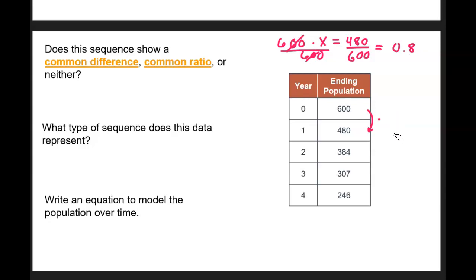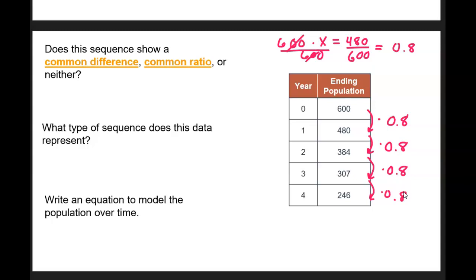Let's see if it works. So multiply 600 by 0.8, put it in your calculator, see what you get. 600 times 0.8 is 480. That worked. Let's try it again. Multiply by 0.8. 384, that did work. Let's do it again. 0.8. 307, yep, and one more time.